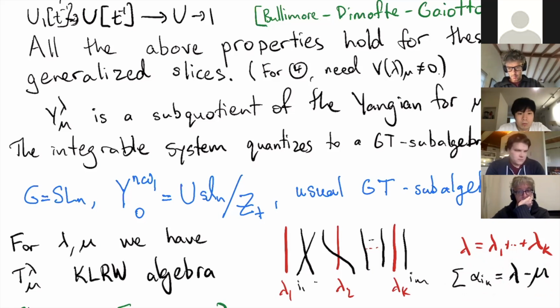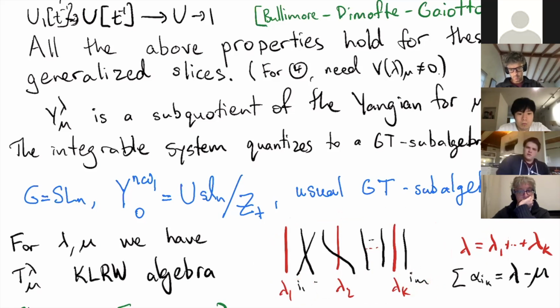So I1 up to IM will be the list of the simple roots, with repetition, appearing in this sum here. And then this KLRW algebra is an algebra where the elements of the algebra are certain diagrams. And the diagrams look like this. There's red strands and black strands. And the red strands are labeled by these fundamental weights. And the black strands are labeled by these simple roots, I1 up to IM.